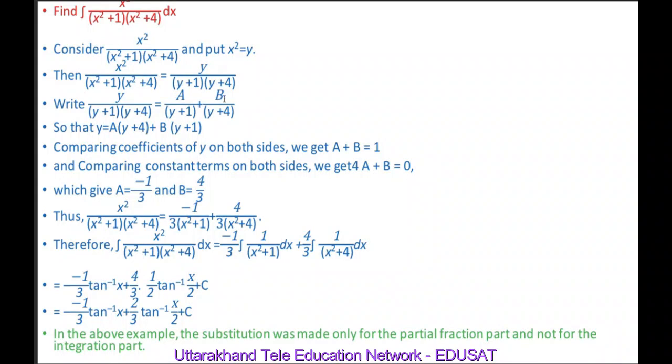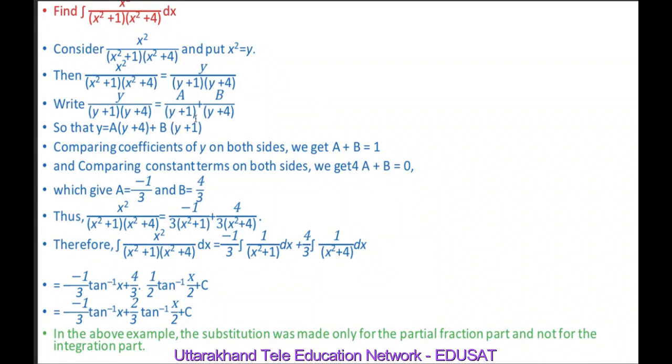It will be easier to decompose it into partial fractions as well as to find its integration. So this can be written as a upon y plus 1 plus b upon y plus 4, because both of these are linear factors.